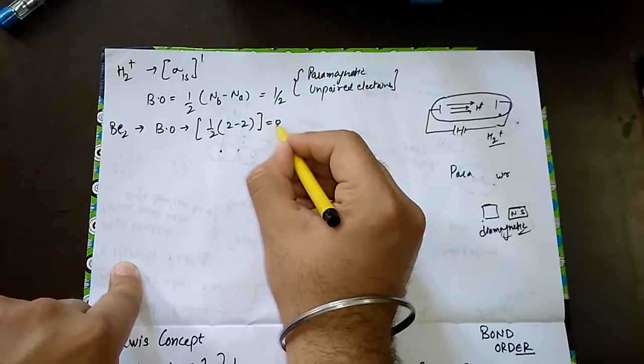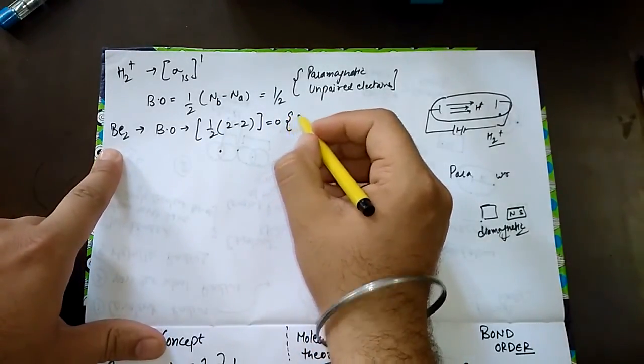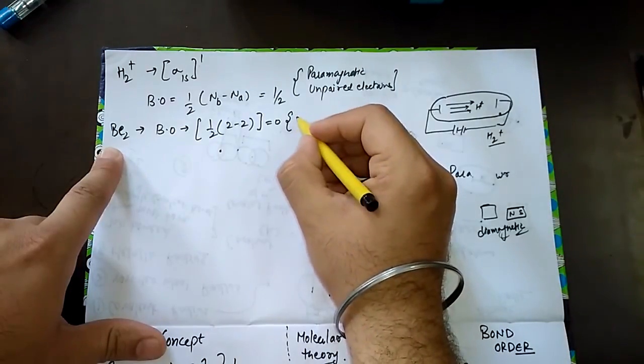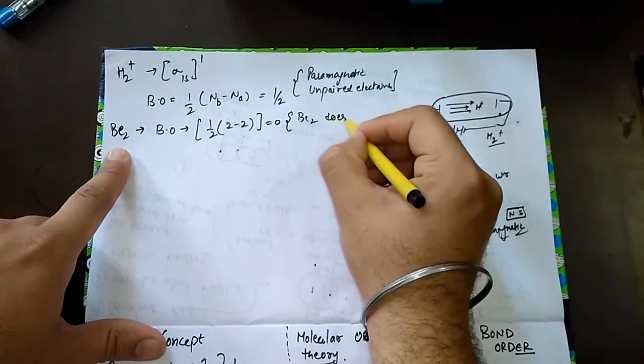What does 0 represent? It represents that Be2 does not exist in real life. So the teacher will never teach you a concept of Be2. We say Be2 does not exist in real life.